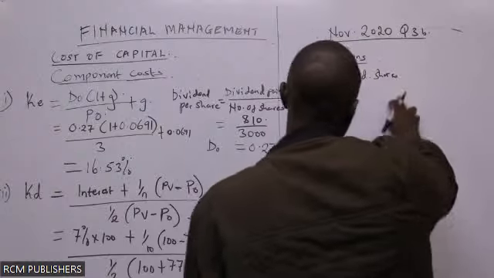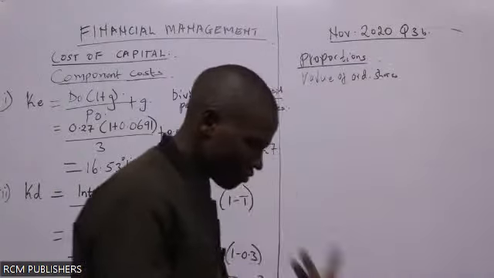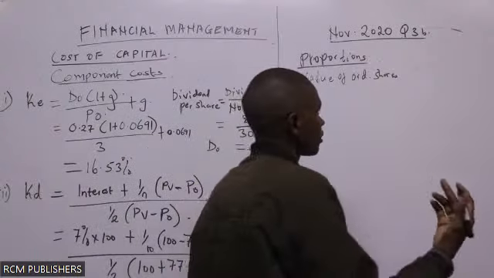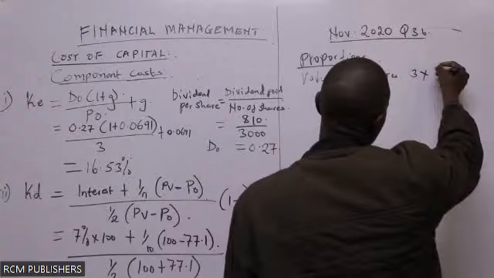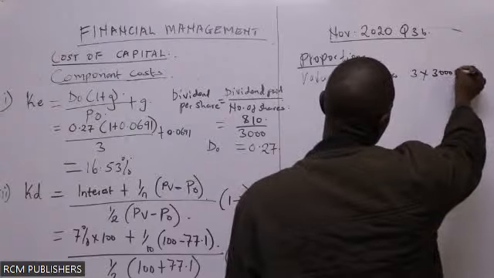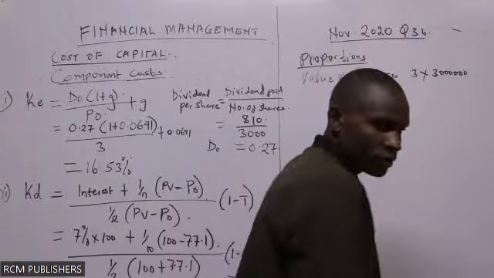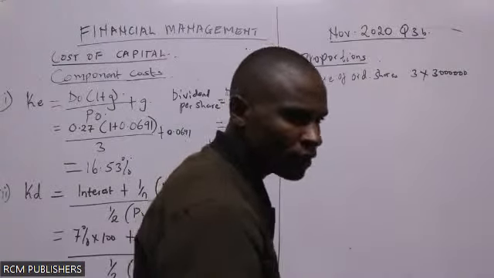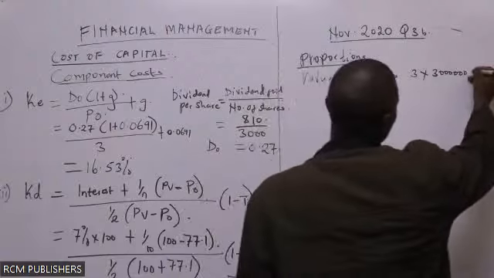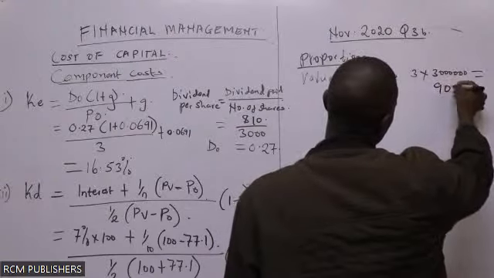To get it, you get the market price times number of shares. Market price was 3 million times number of shares, 3 million as well. Therefore, my value of ordinary share will be 9 million.